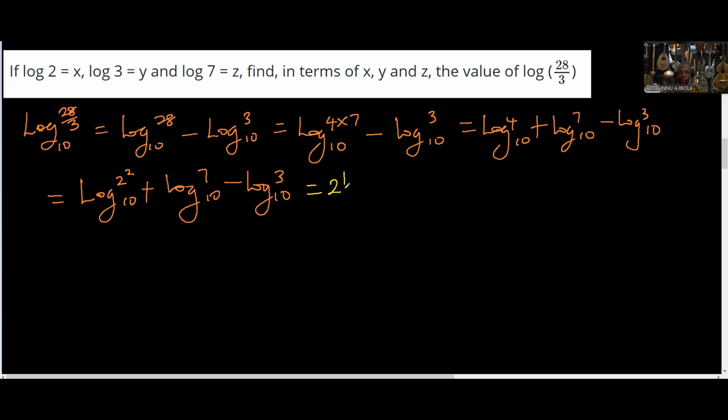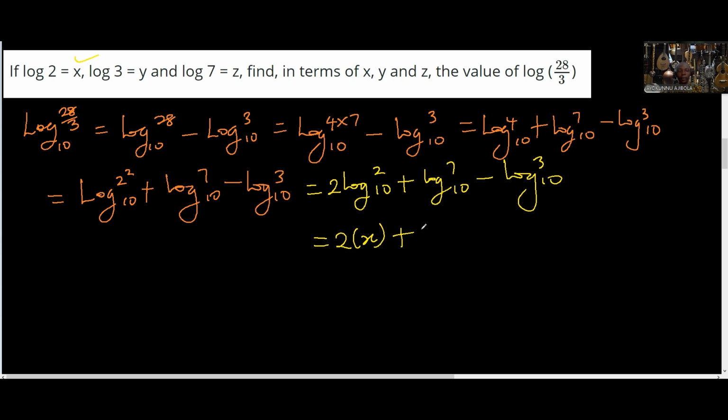So we have 2 log 2 base 10, then plus log 7 base 10 minus log 3 base 10. So in terms of what we were given, log 2 is x. So we have 2 into x. Log 7 is z. So plus z, then minus log 3 is y. So our final answer is 2x plus z minus y.